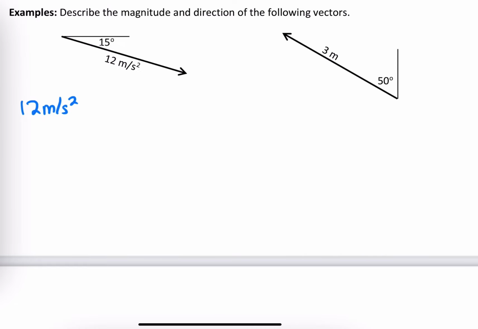That's the magnitude of that vector. And then the direction I put after the magnitude, and I put it in square brackets. So the direction this guy is pointing, well, that's going to have something to do with this 15 degrees over here.